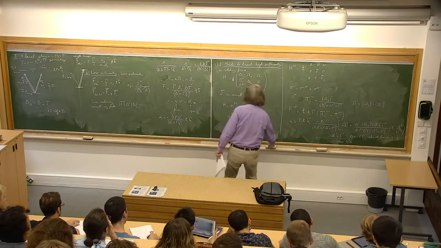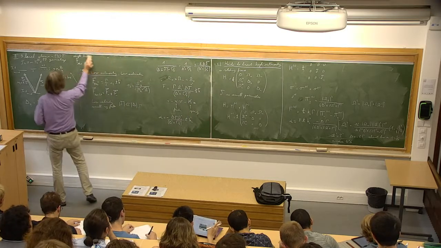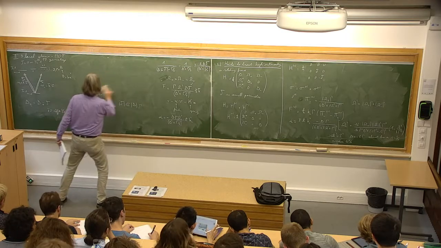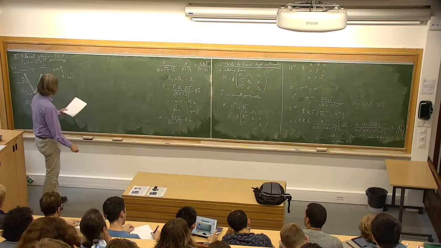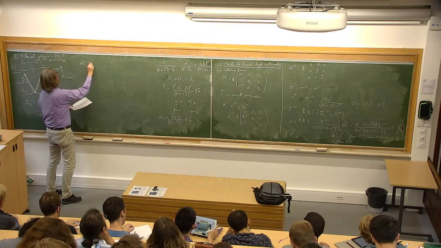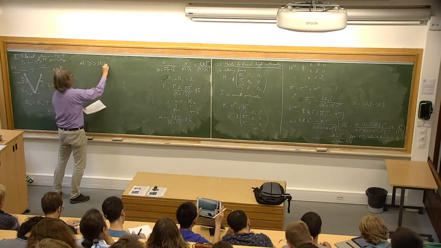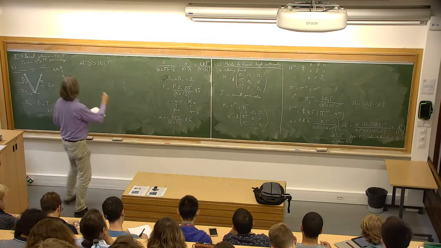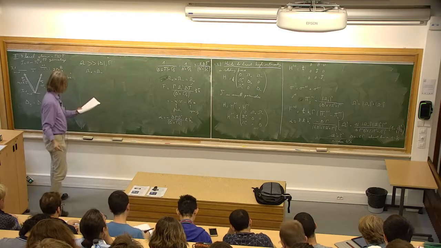But if you go to the other limit, which is the limit of very high intensities, so now I switch to the case where omega is much larger than delta and gamma, and also I assume that omega plus equals omega minus.